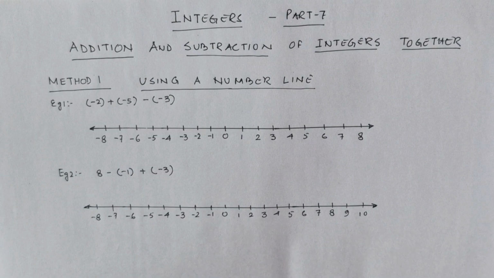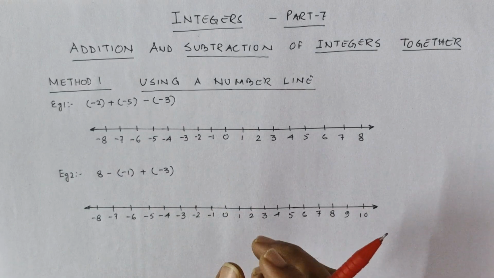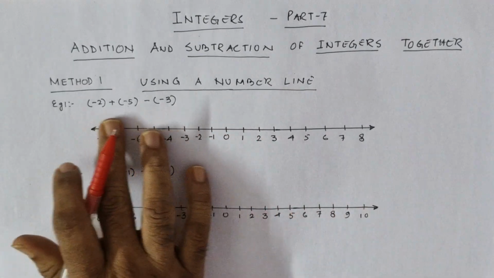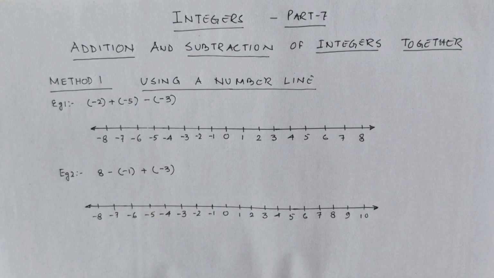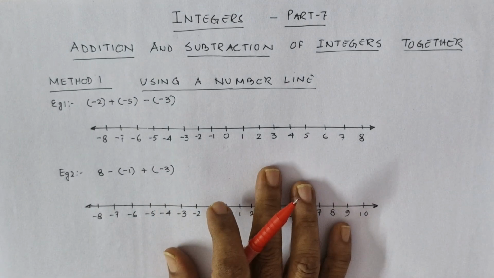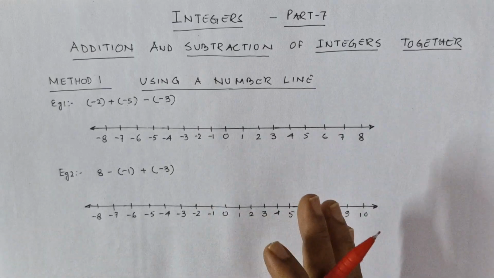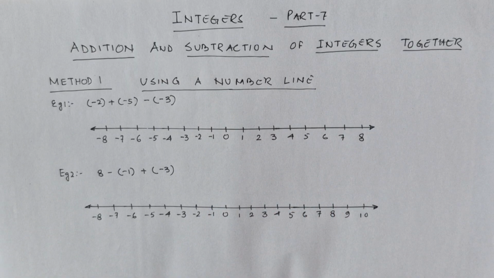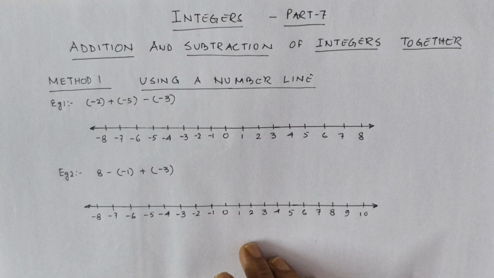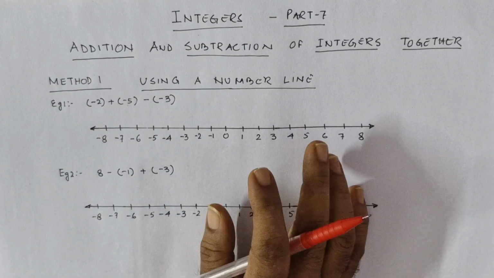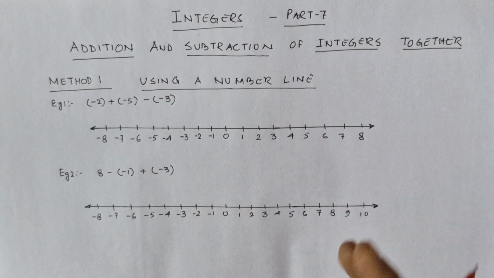Now please do remember that mixed problems such as these ones that you are seeing on the screen, if not on a number line, are solved from left to right after converting the subtraction into addition problems. That is if there are no parentheses which tell otherwise.